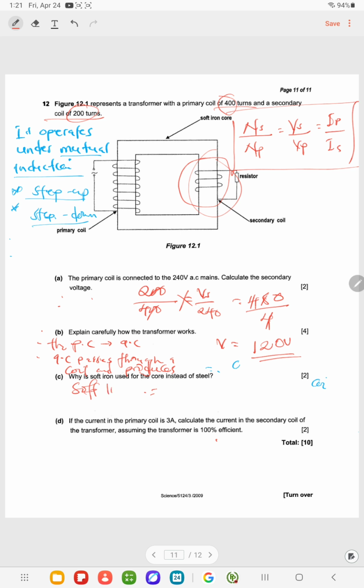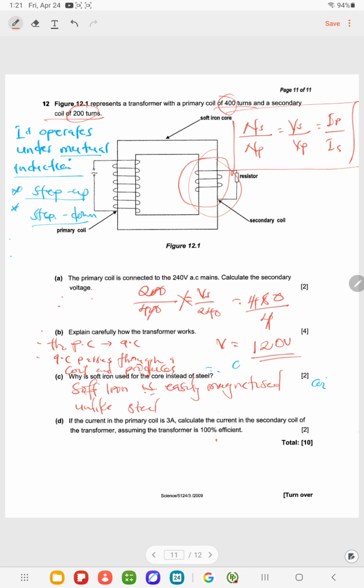soft iron is easily magnetized, unlike steel.